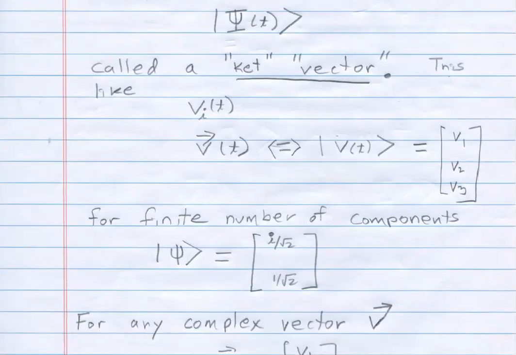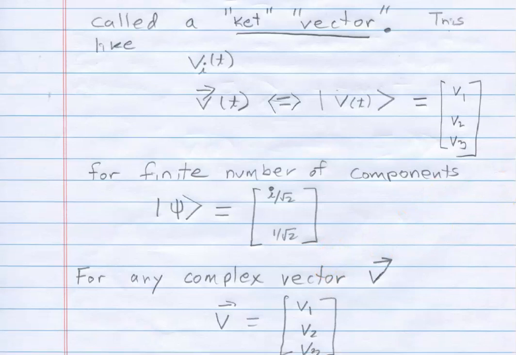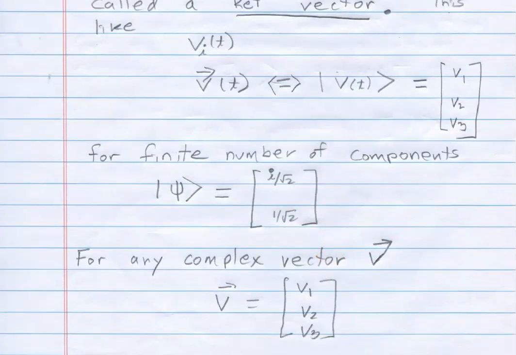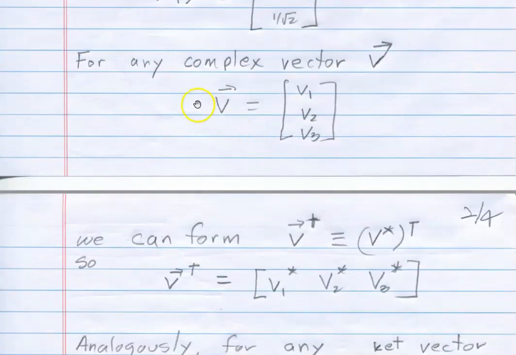For a finite number of components, you occasionally have quantum systems that only have two states. So you might very well have a wave function psi that has only two components, and they're very much analogous to complex vectors. For any complex vector, you might remember that you can form what I call V dagger, which is simply the complex conjugate transposed.